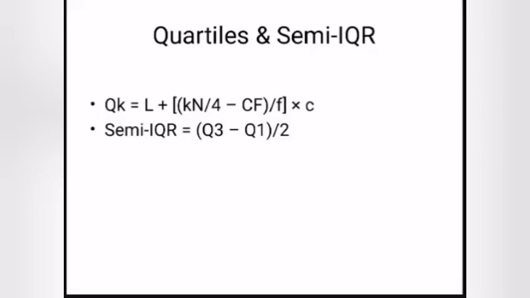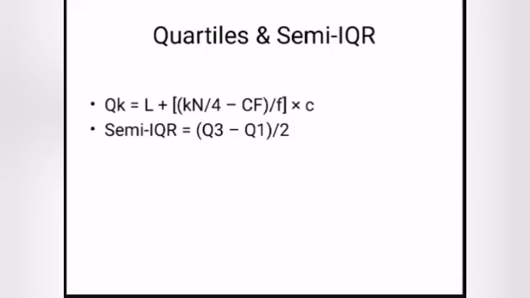If you want to find a quartile, let me say we're looking for Q2, you have L, that's still the lower class boundary of that class, plus, then now you multiply. K is the number. For instance, if you are looking for Q3 or Q2, you will do k times the total number over 4.